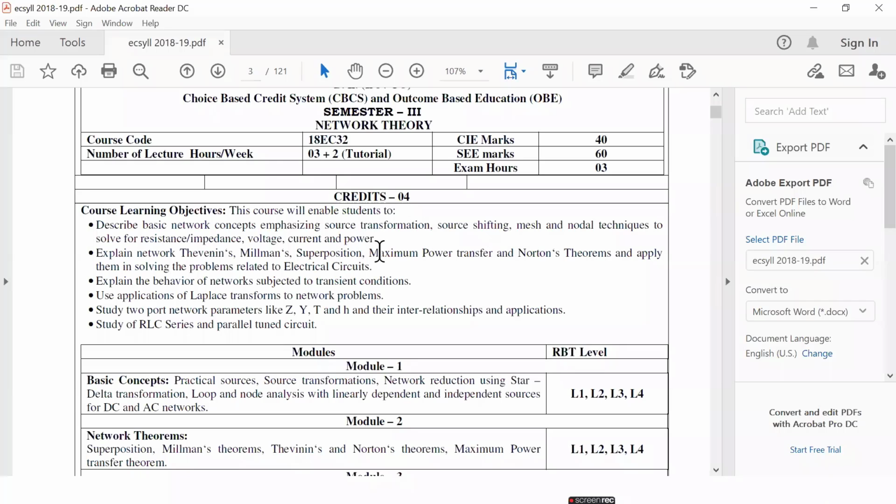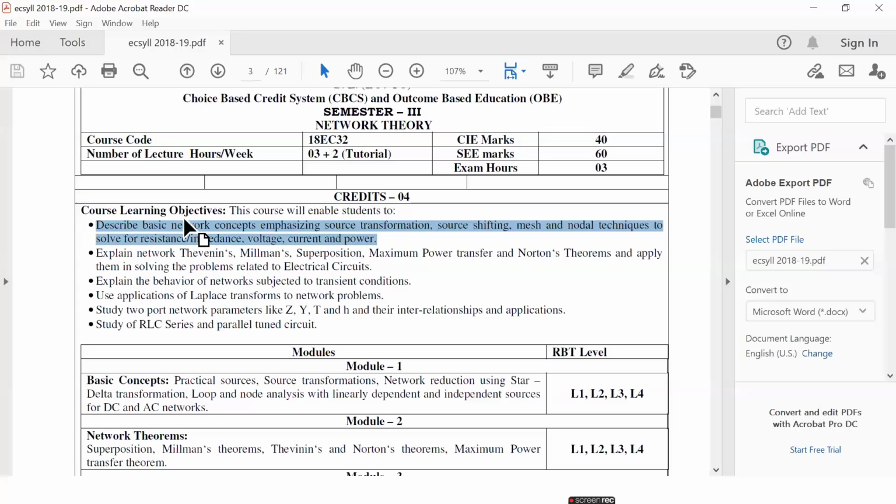It is covered in the first module, and from the second module onwards, network theorems, initial and final value theorems, and the concepts related to two-port networks will be covered in the second, third, fourth, and fifth modules. So let us concentrate on the first module.